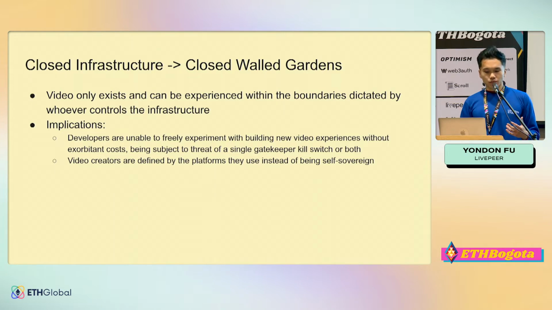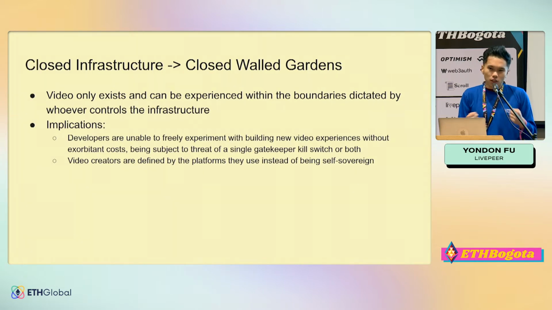Second, video creators are actually defined by the platforms that they use instead of being self-sovereign. I have a colleague that likes saying that he wouldn't want to be a Twitch streamer or a YouTube streamer, he would just want to be a streamer. He's defined by the act that he performs and the content that he creates.